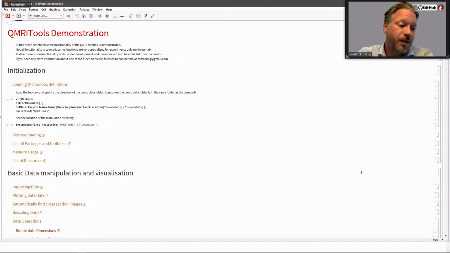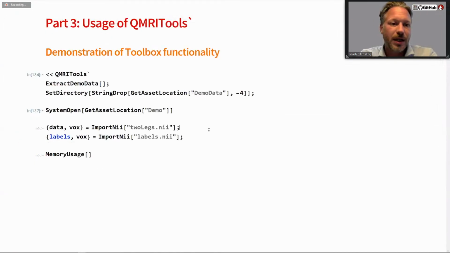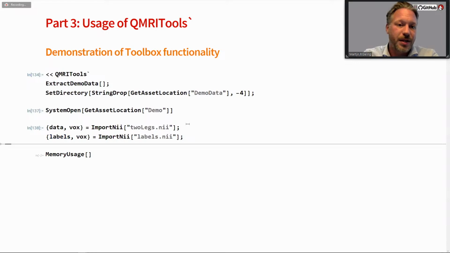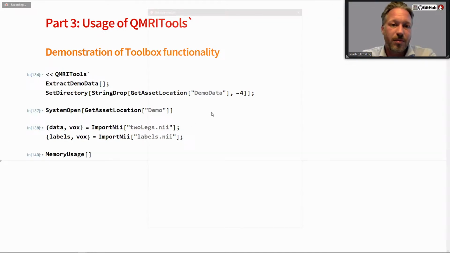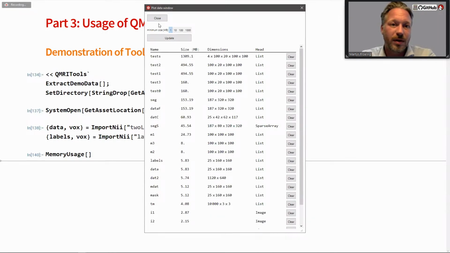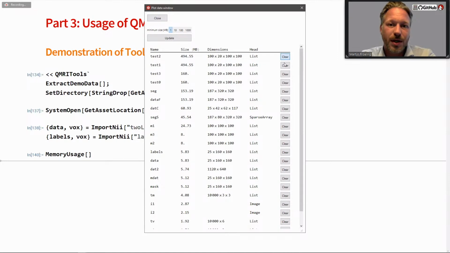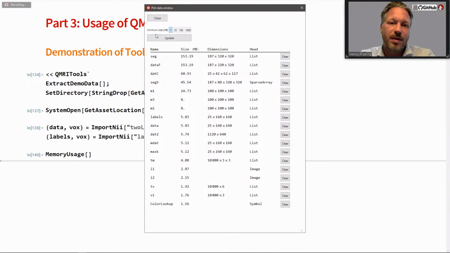But it also serves another function for me: each time Mathematica is upgraded and I upgrade my own Toolbox, I run this entire notebook to see if everything's still working as I expected. So it's sort of a test notebook for me as well. It contains various data sets and labels. By now the memory should be getting a little more filled up, so I'm going to quickly clear some of the bigger ones, because some of the data sets I'm loading in need more memory.